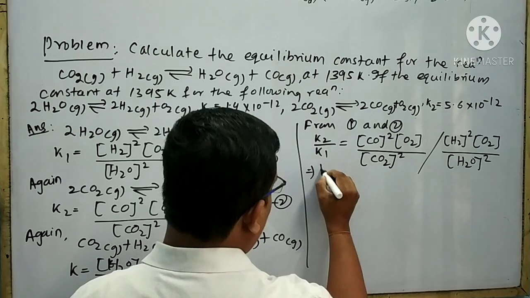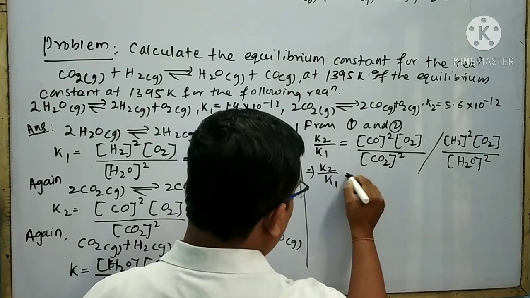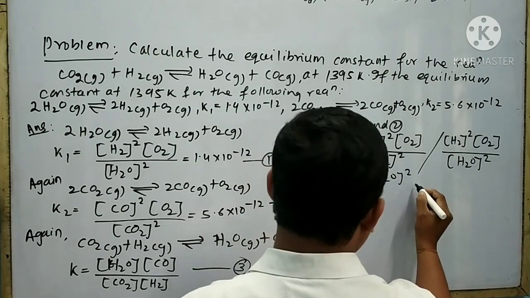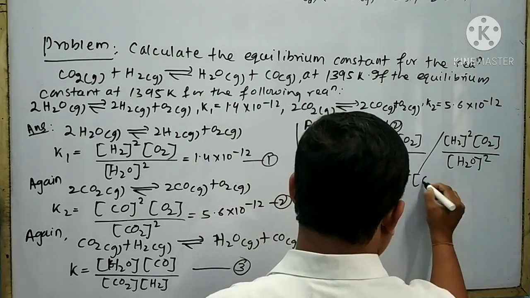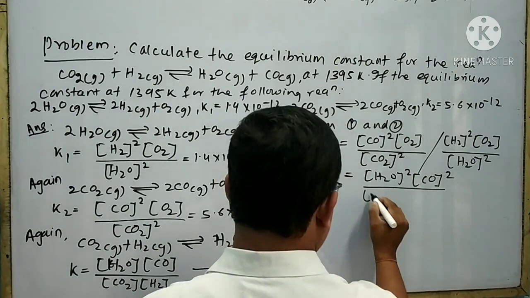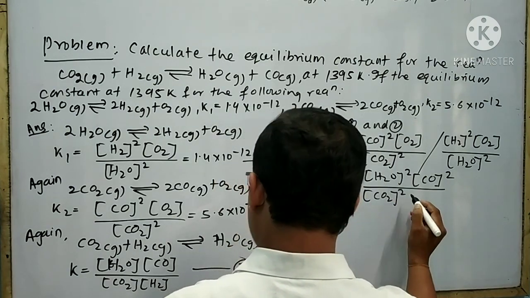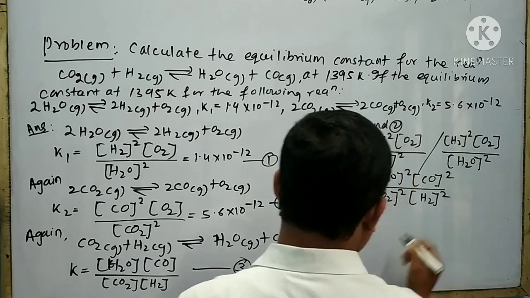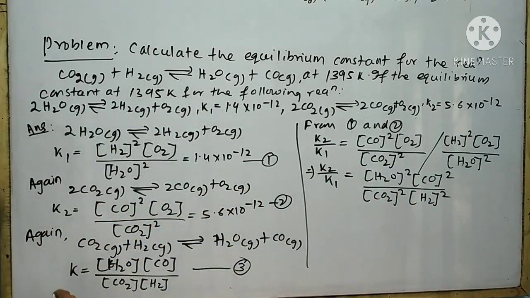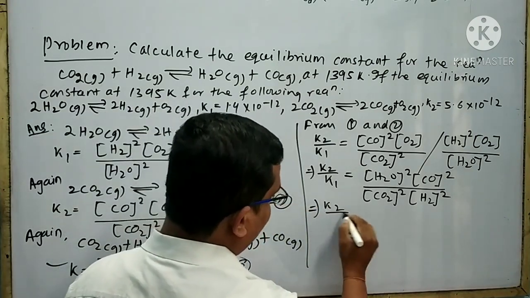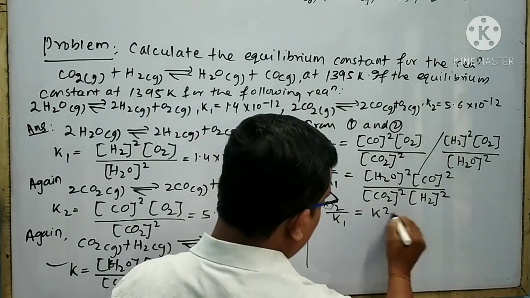After solving I can write K2 by K1 equal to molar concentration of H2O power 2 into molar concentration of CO power 2 divided by molar concentration of CO2 power 2 into molar concentration of H2 power 2. Look at that, here the value of K is equal to this value. So here I can write K2 by K1 equal to K square.